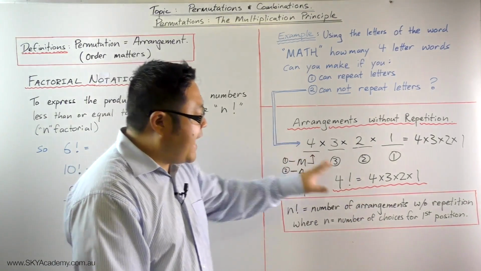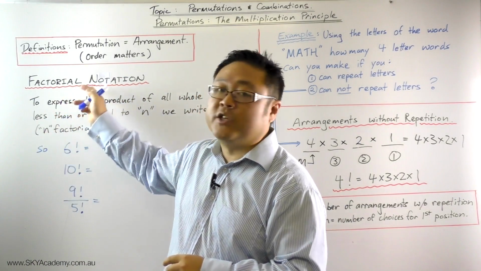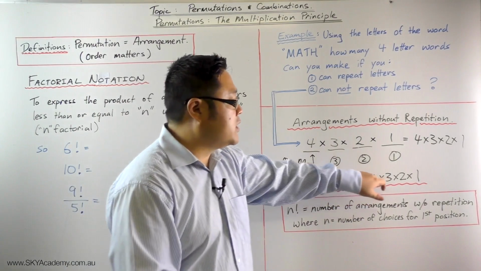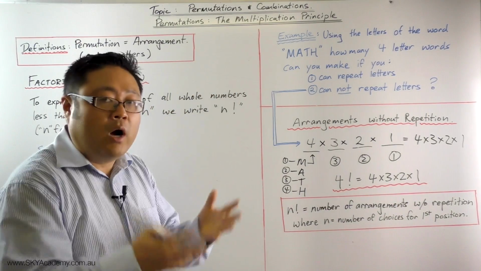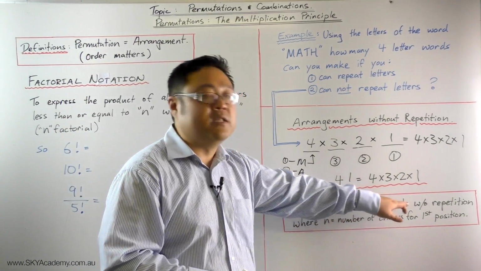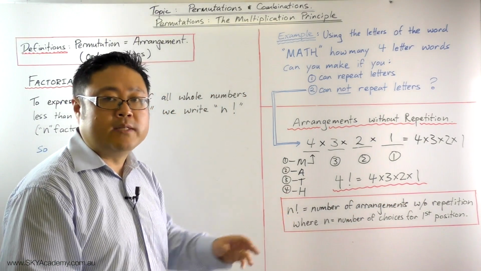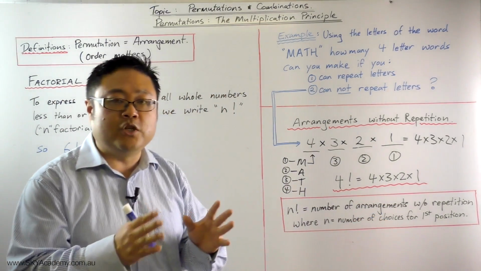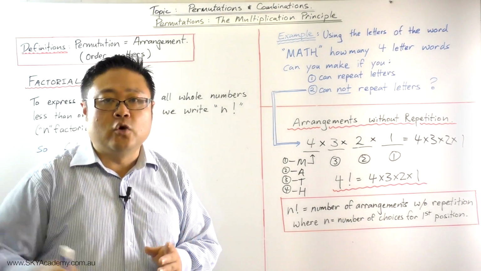That is what we call factorial notation. In other words, 4 factorial is 4 times 3 times 2 times 1. If you want to know why we need factorial notation, it gives us the number of arrangements without repetition, where you start off with n choices for the first position, and each position after it has 1 less choice to make.